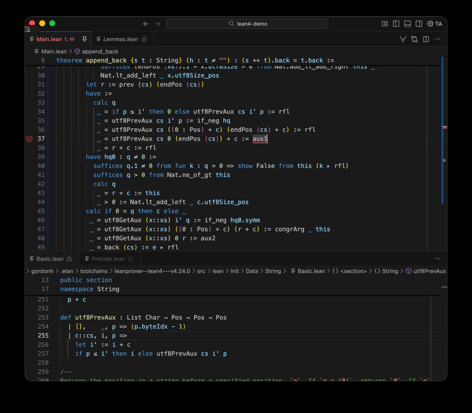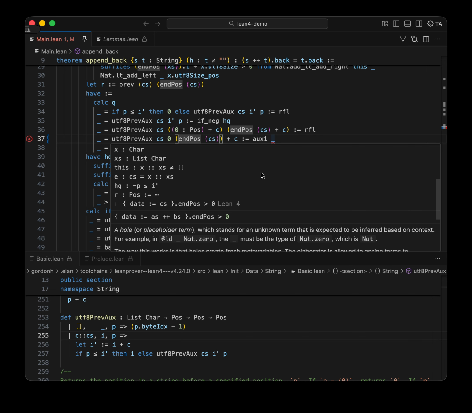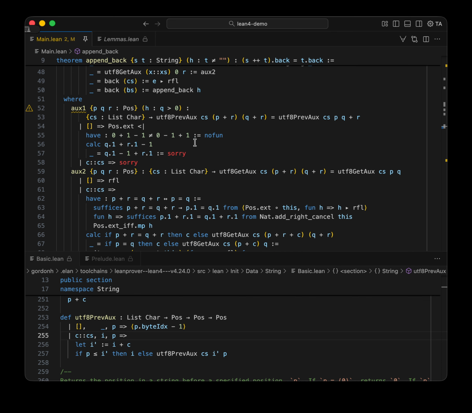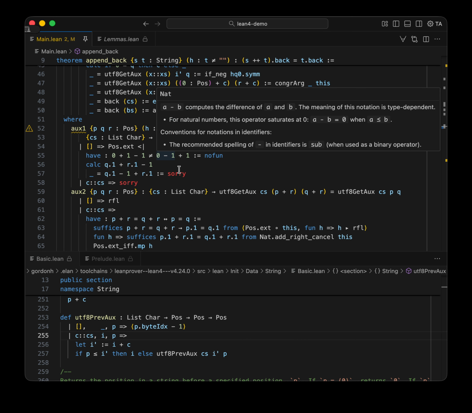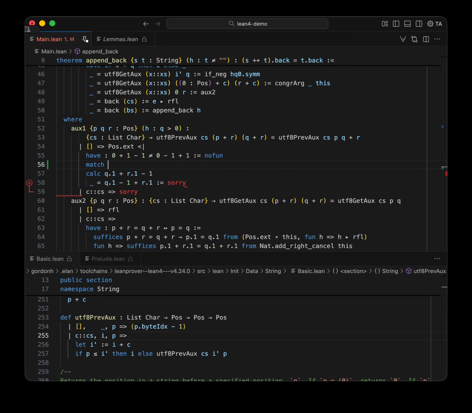I'm missing something here. You need to show that the end position is greater than 0. Let's come back to this later. For Q to be greater than 0, then we must. Okay, let's try this.